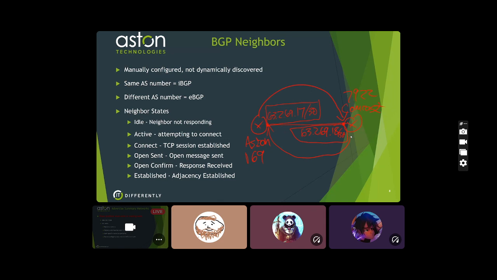Okay. So, depending on your autonomous system number determines what type of BGP connection you have. If you are forming a neighbor relationship with some other device within the same autonomous system, 169 over here, 169 over here, that is IBGP, internal BGP.